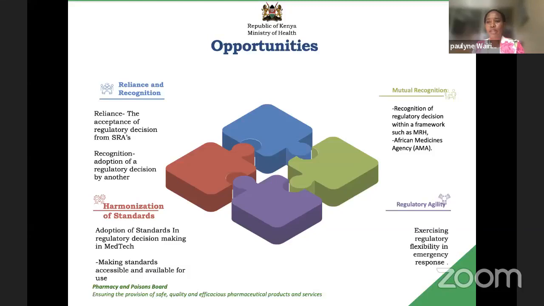But most importantly, it is in addressing counterfeit products. If we know that we are using an internationally recognized standard and all of us are conforming to that standard, then we are lessening the amount of counterfeited products getting into our markets.